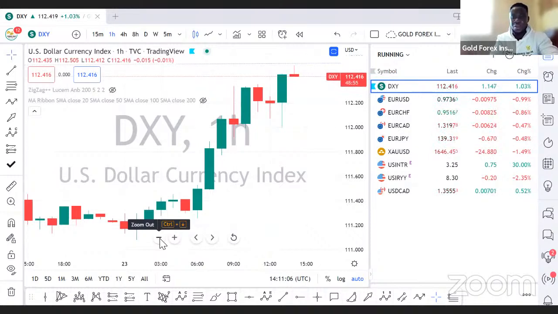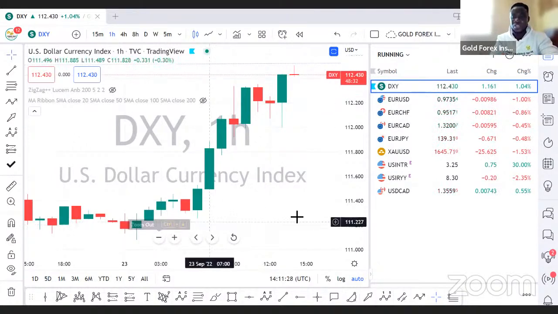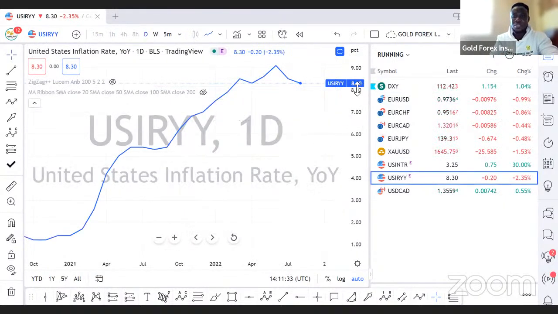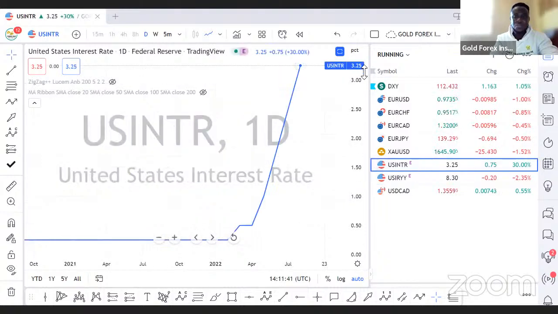Now, in an economy where the inflation figure is higher than the interest rate, you should know there will be possible rate hikes to close the gap between the inflation rate and the interest rate. I keep telling you guys that the United States dollar is going to be strong until that gap closes. The inflation you can see over here is currently at 8.3, and the interest rate is currently at 3.25.